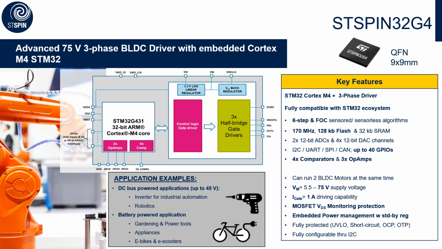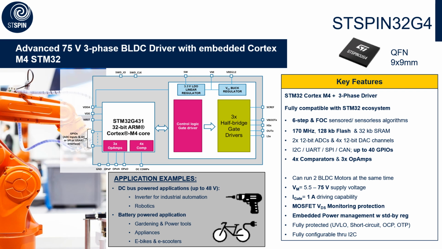The STSPIN32G4 comes with the ST typical protections like undervoltage lockout, overcurrent protection, over temperature protection, and short circuit protection. In addition to that, the G4 also has VDS monitoring to check the drain source voltage of every MOSFET and switch the application off when the set threshold value is triggered.